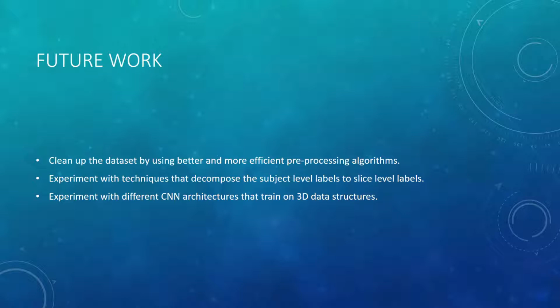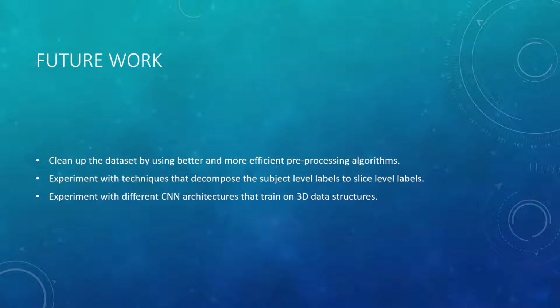One possible method of doing this is by using the Luna 16 dataset. The Luna 16 dataset has labels on the slice level, and it tells whether a particular slice contains nodules or not. So what we could do, for example, is train a CNN on the Luna 16 dataset and then use our data set as the testing set, and get the slice level predictions from this pre-trained Luna 16 dataset model.